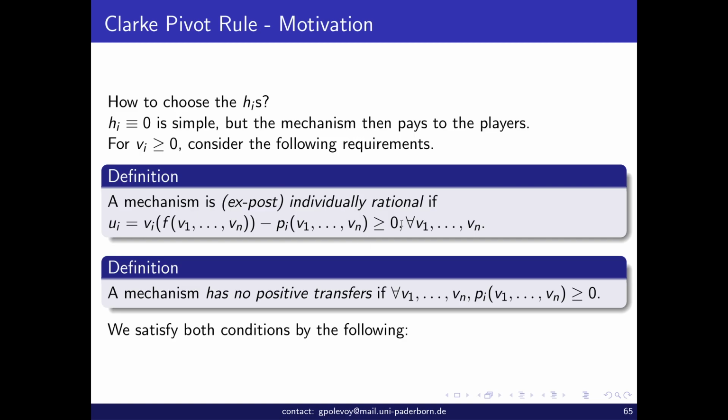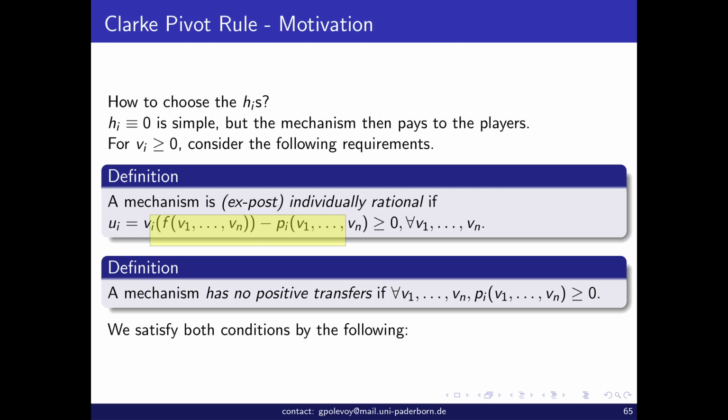So what do we then do? Let's define some requirements we might want from this mechanism. For non-negative V I, we consider the following requirement. A mechanism is ex post individually rational if, when she bids the truth, the utility of the player is at least 0.